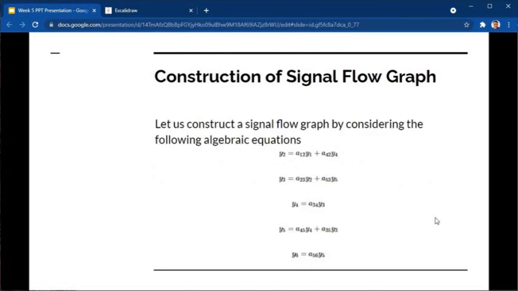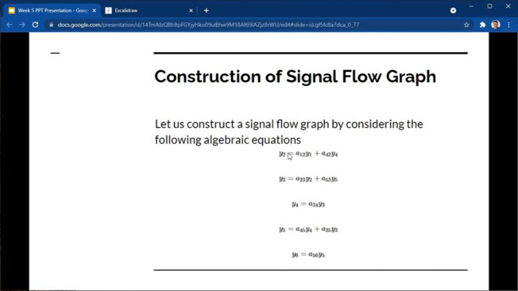Here we have an example. Let us construct a signal flow graph by considering the following algebraic equations. Instead of a system, we are given algebraic equations to represent our signal flow. So let's try to understand what this expression means.